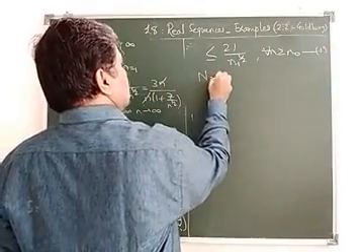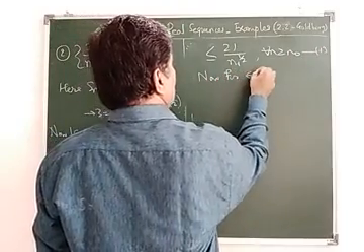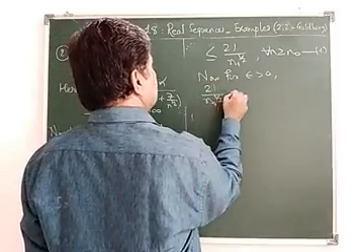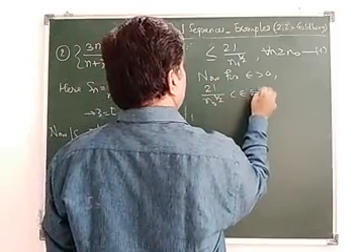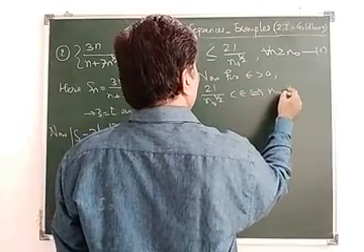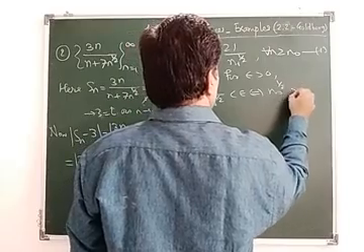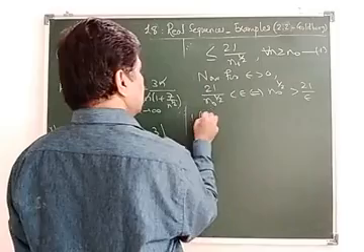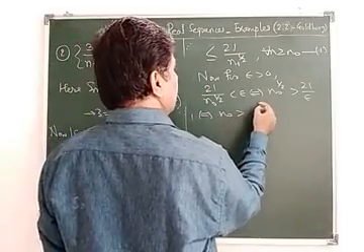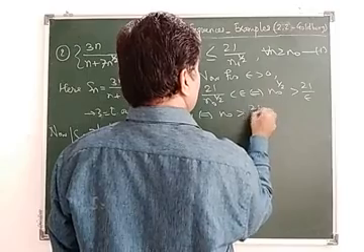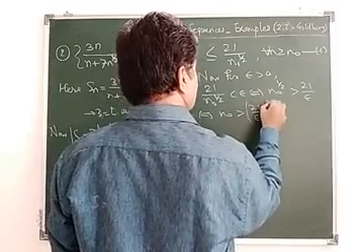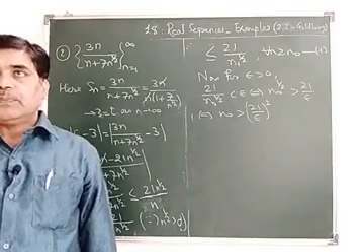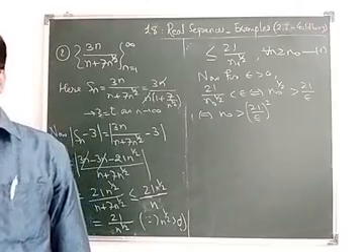Now for epsilon greater than 0, 21 upon n naught raised to half is less than epsilon if and only if n naught raised to half is greater than 21 upon epsilon, if and only if n naught is greater than, if I take square, 21 upon epsilon square. Is it clear?